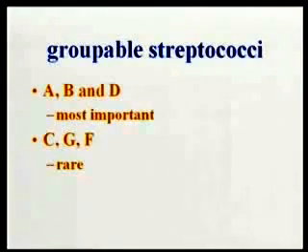Unless you work at the CDC and run the Strep department at the CDC, you're unlikely to see a G or an F streptococcus. They do very occasionally cause human disease. So the big deal is A, B, and D. And I don't know outside this course whether anybody would even mention Group C, G, or F to you. So we're going to emphasize A, B, and D. Those are the big deal.